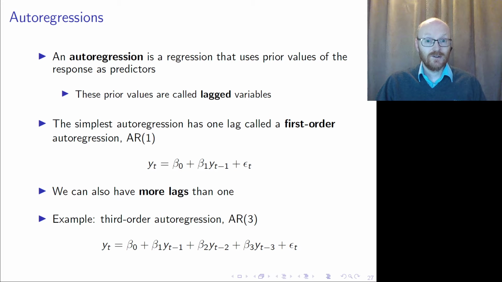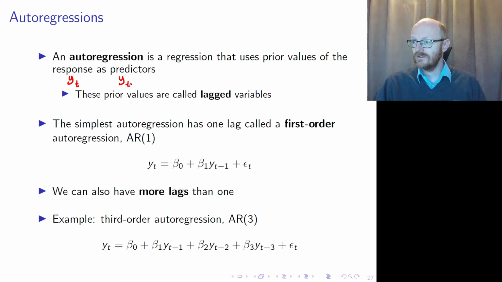So what is an autoregression? An autoregression is a regression that uses prior values of the response as a predictor. So for example, your response is y at time t. This is what you are going to explain or predict, and as predictors you use the lags or prior values.